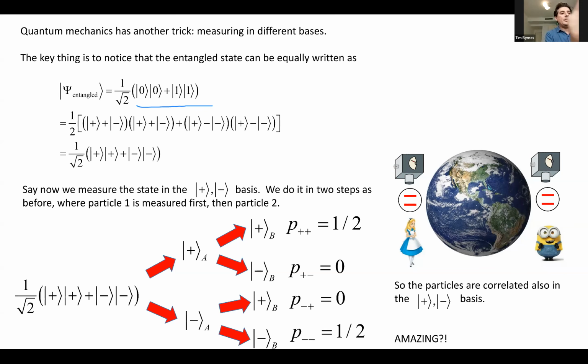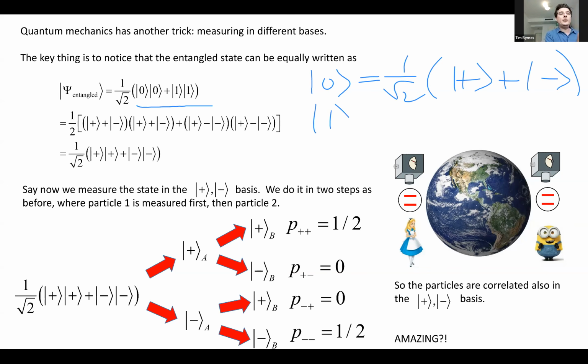So let's change the basis. You just do your basis transformations. We've done them several times now, so I think you're starting to remember the relations. So it'd be like this, but then this has a minus sign.